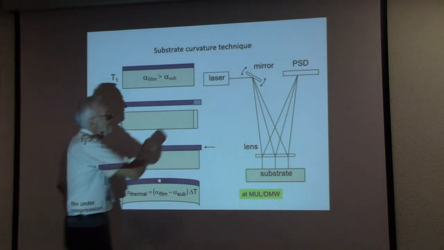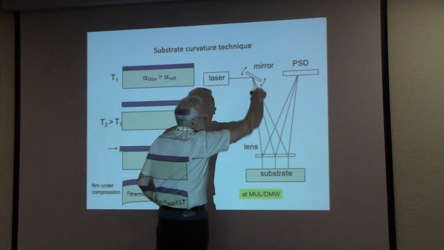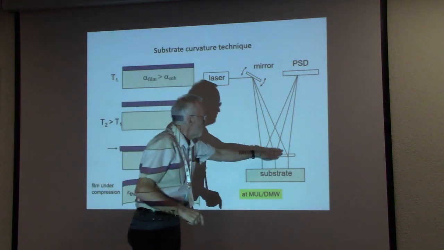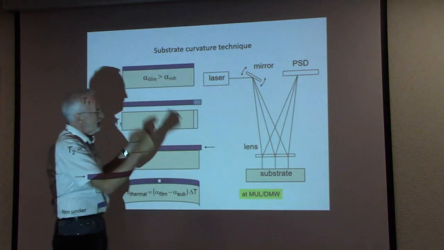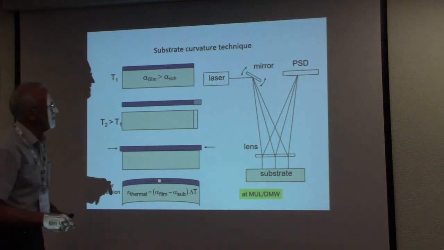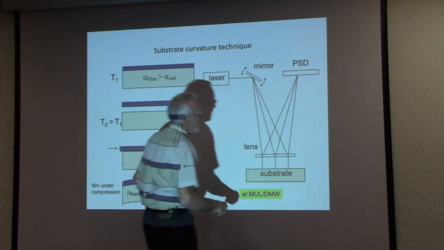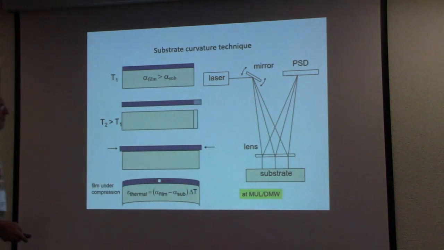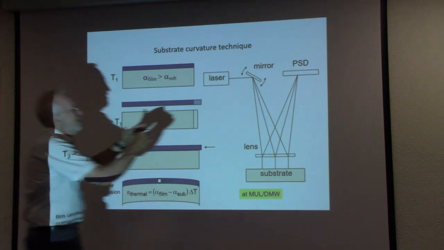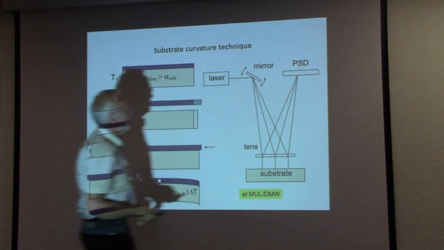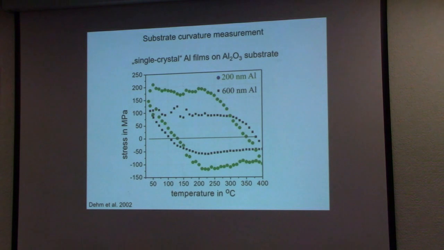You have a laser, you have a mirror, then you have a splitting system, and then you have three beams, which are depicted on a camera. If the curvature changes, then you have a deviation of the points, and you can simply calculate the stresses.